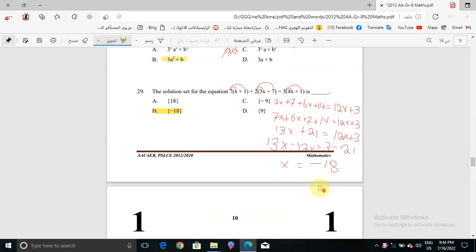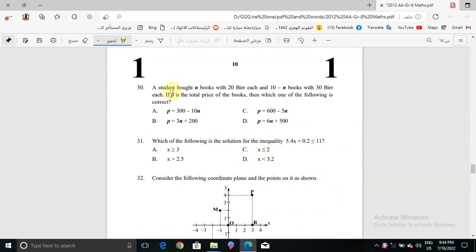Okay, now in question number 30, a student bought n books with 20 per each and 10 minus n books with 30 per each. If P is the total price of the books, then which one of the following is correct? Okay, now let's write together here.